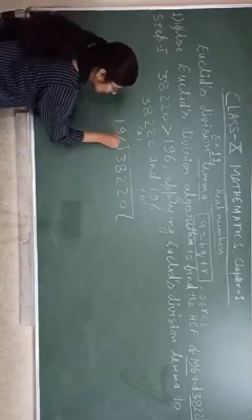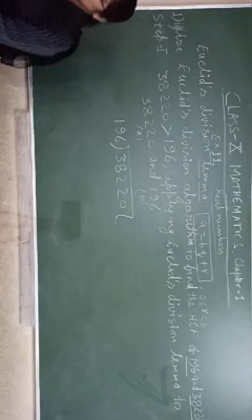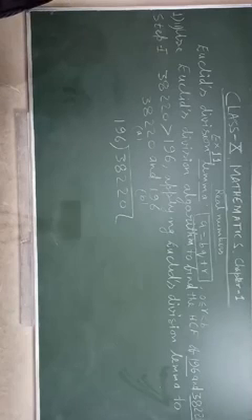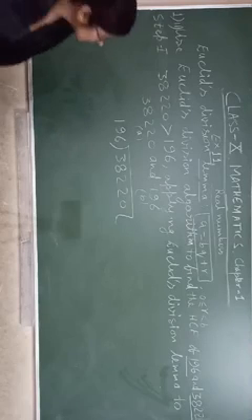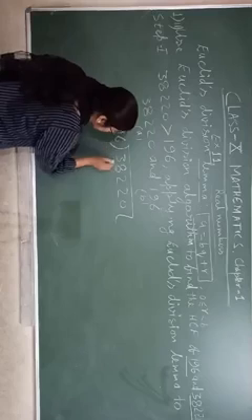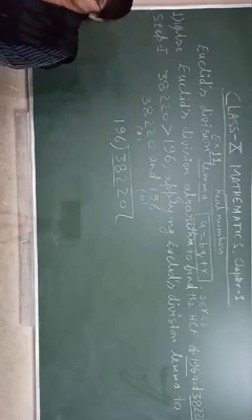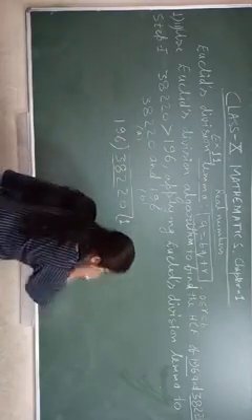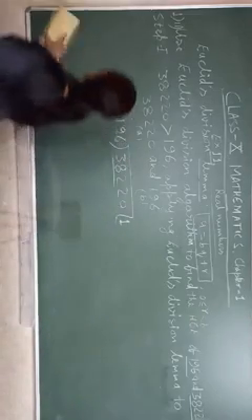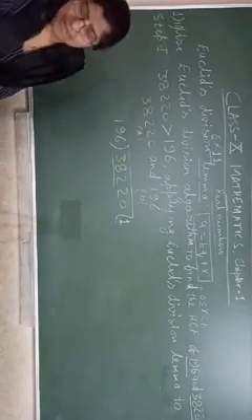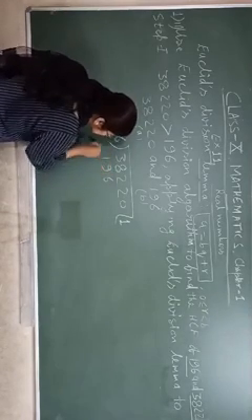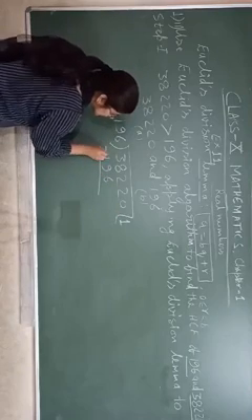38,220 divided by 196. First we will take 3 digits, so we do the division here, getting 1. 1 times 196 is 196.